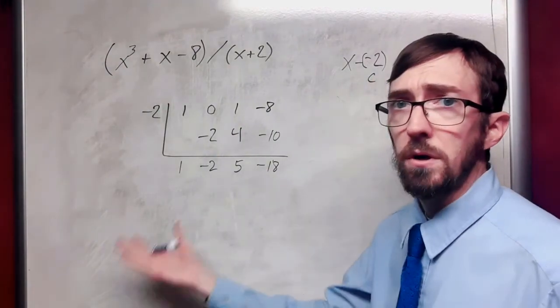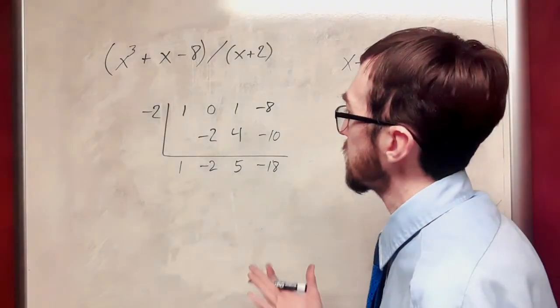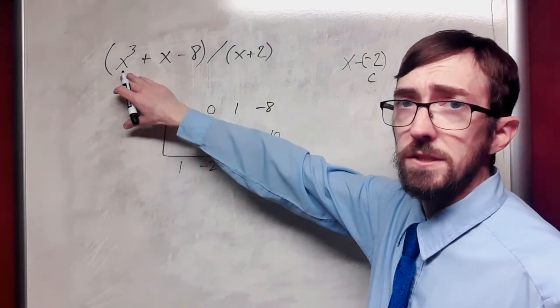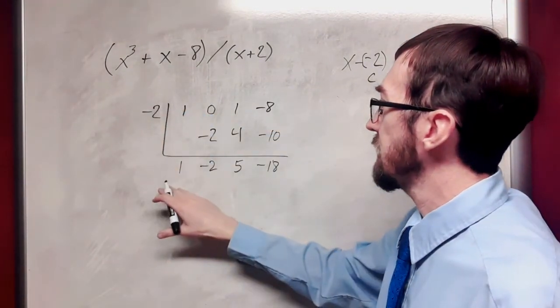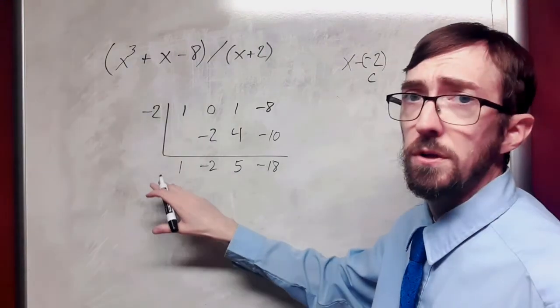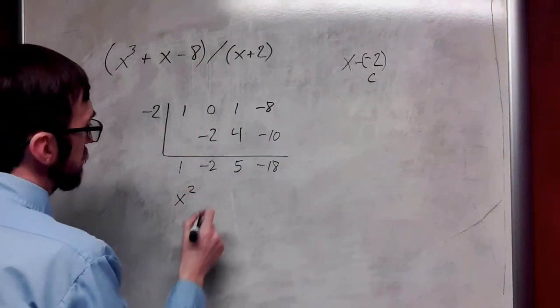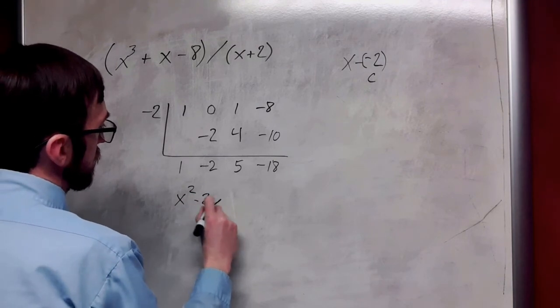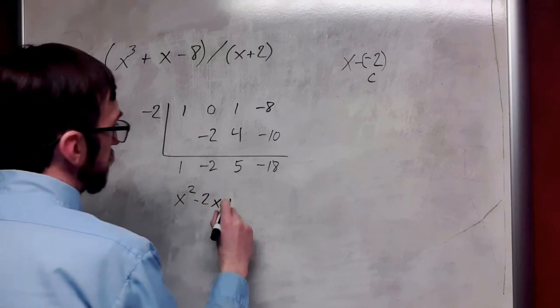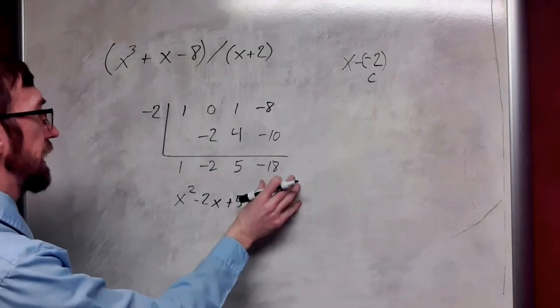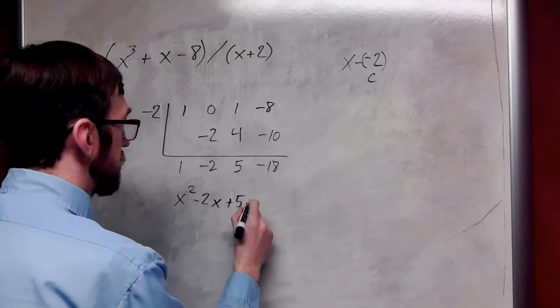Now we need to reconstruct this into our depressed polynomial. We started with our highest power at x to the third, so this will be x to the second power's coefficient. So we have x to the second power minus 2x to the first power plus 5x to the 0 power, and I have an extra number.